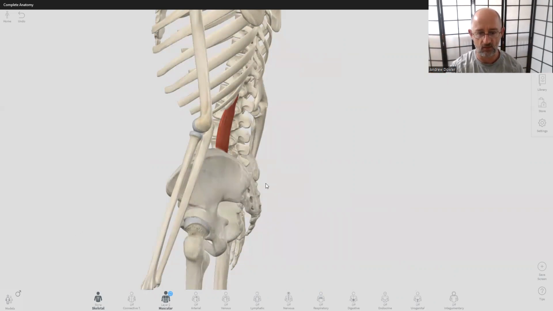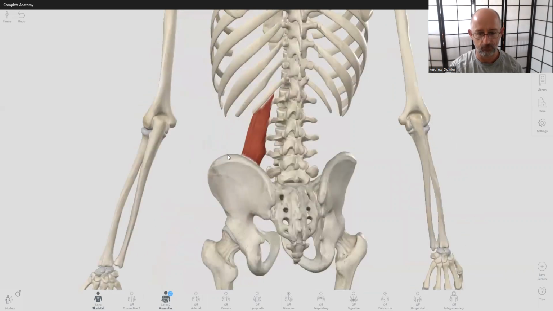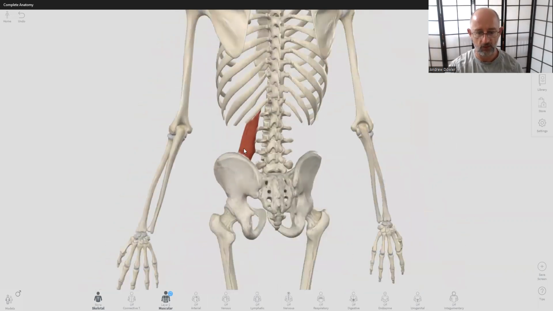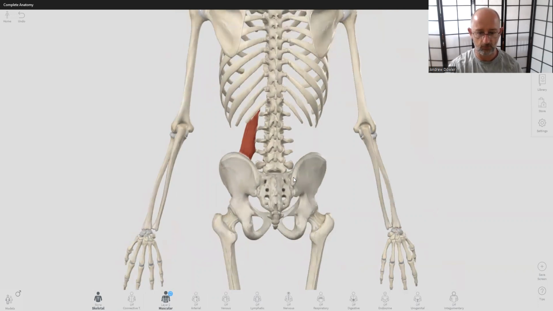So you kind of get this feedback structure of one muscle creating tension. This PSIS is going to orientate in a slightly different position.